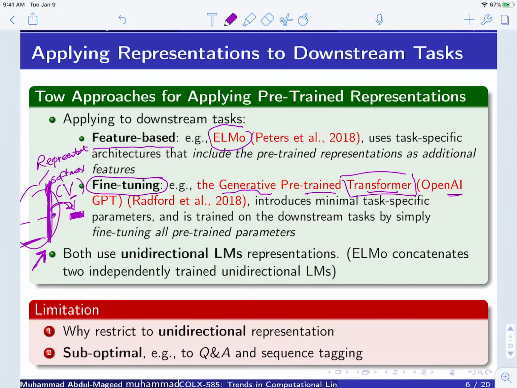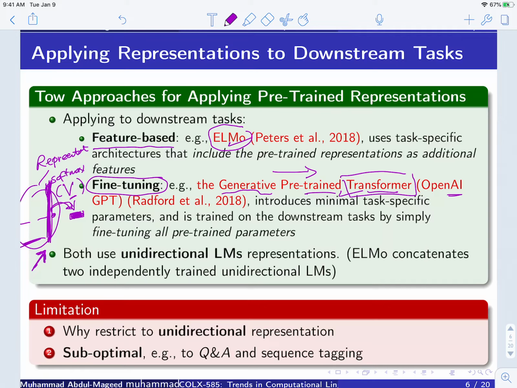All right. I hope this is sufficiently clear. The point of criticism they have here is that this ELMo model and this OpenAI model are both trained unidirectionally. So definitely the OpenAI model is trained from left to right.